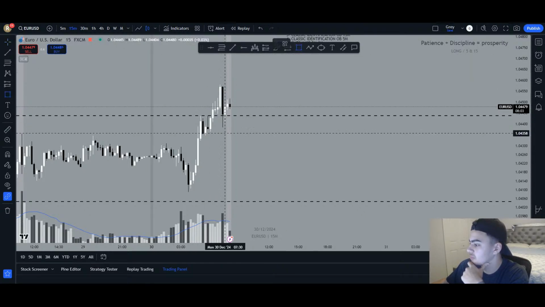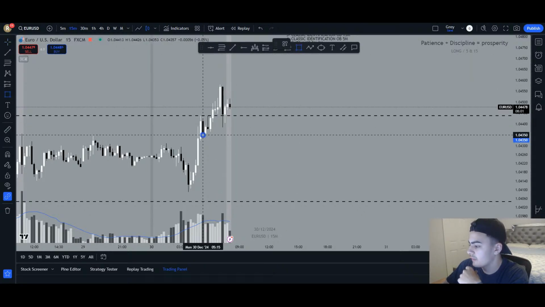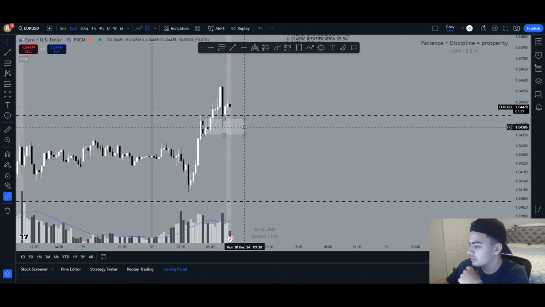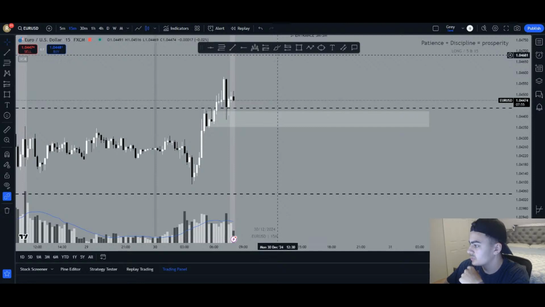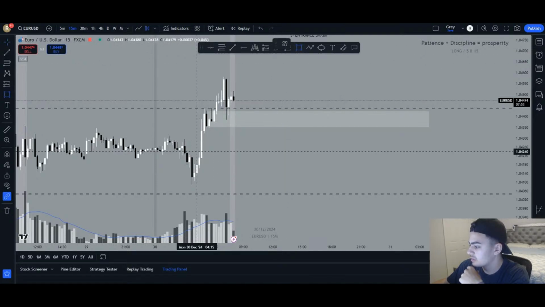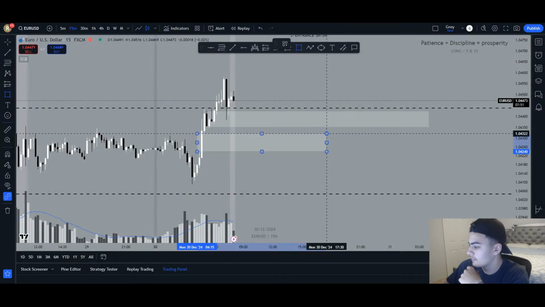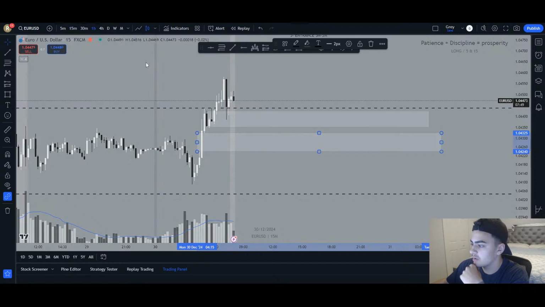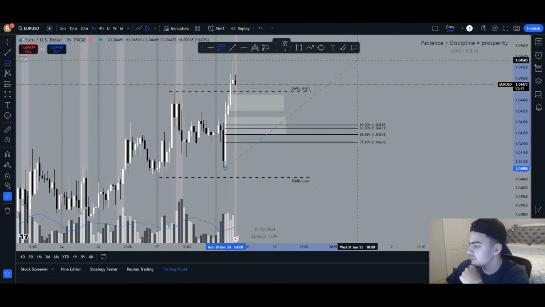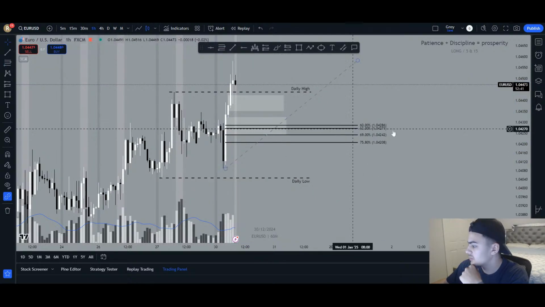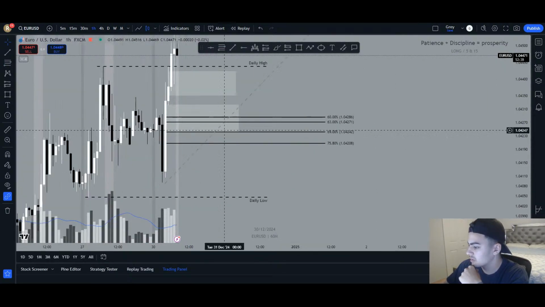This has more volume, so I'm going to choose this one actually as an order block right here. We also have a fair value gap right here. If we go to higher time frame, if this becomes a support, a resistance from here to here, this is a zone of interest. Okay. Right here.